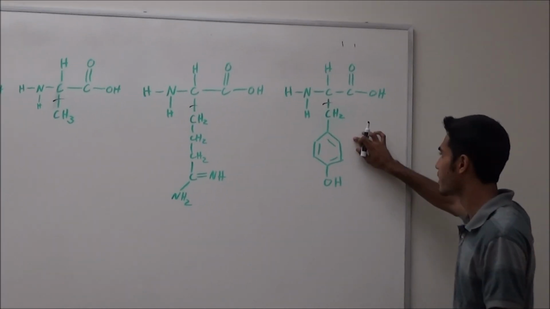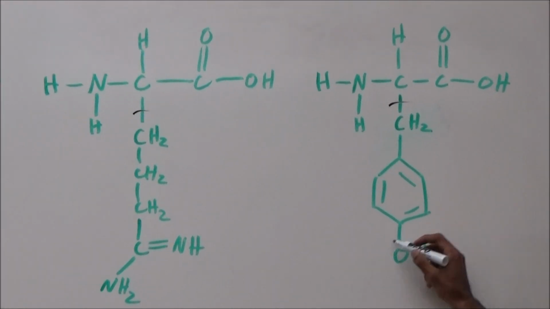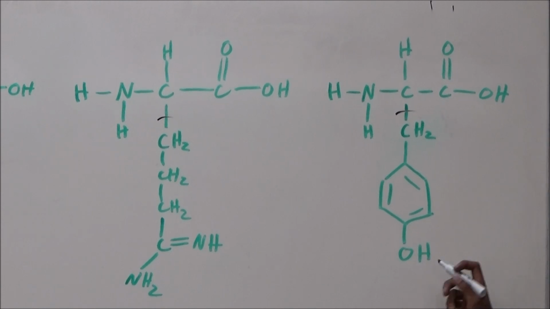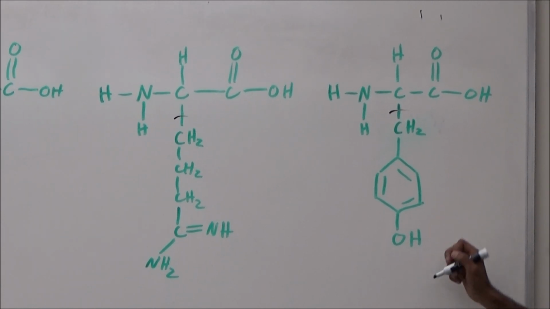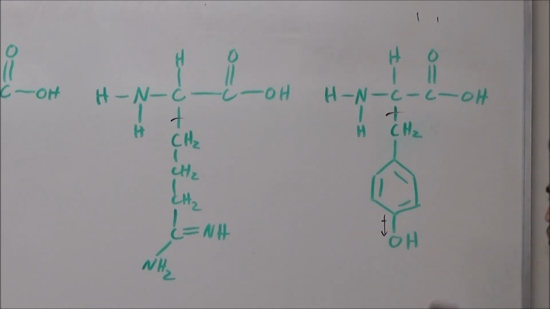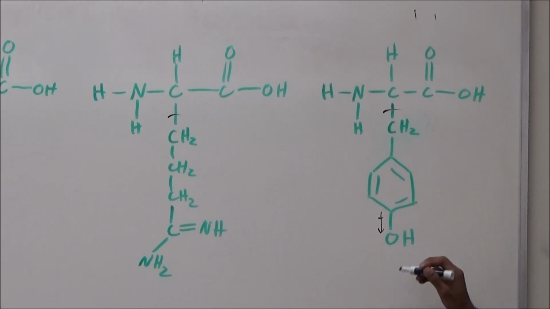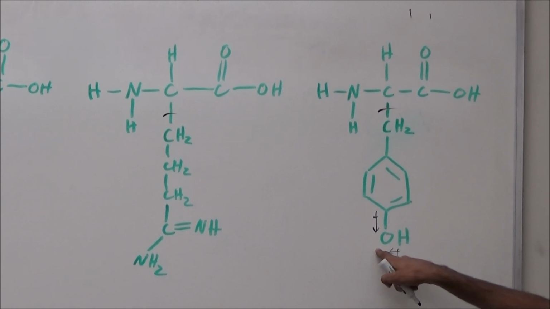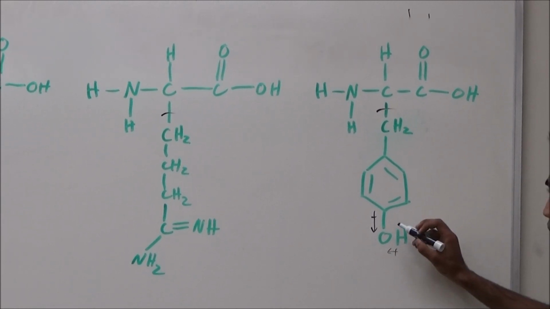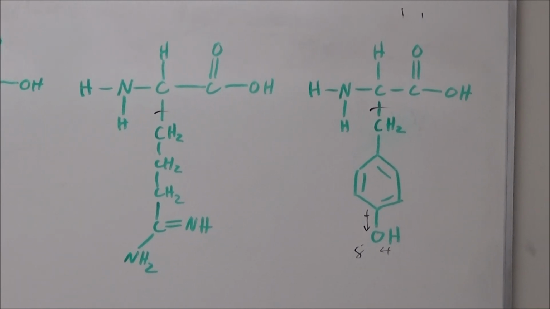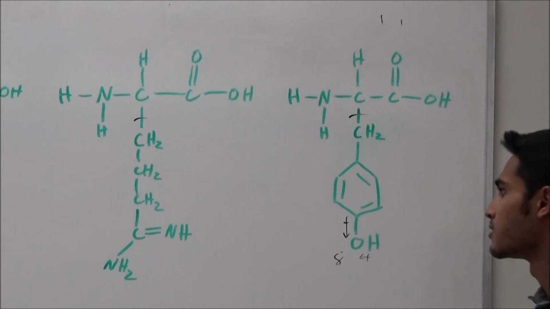Whereas this molecule right here has this OH group. Because oxygen is more electronegative than hydrogen or carbon, it pulls electrons, making it have a partial negative charge, and therefore making it polar, allowing it to have polar interactions.